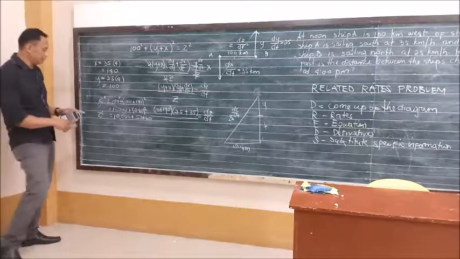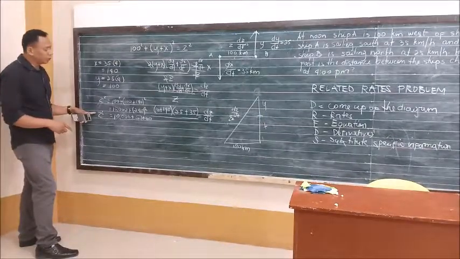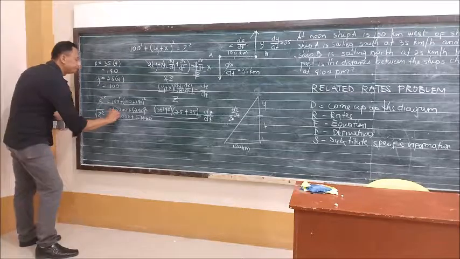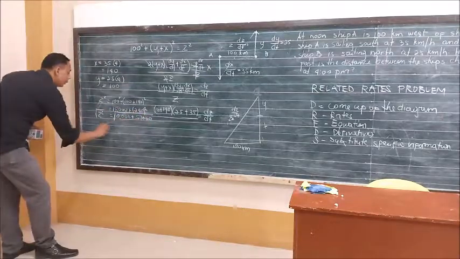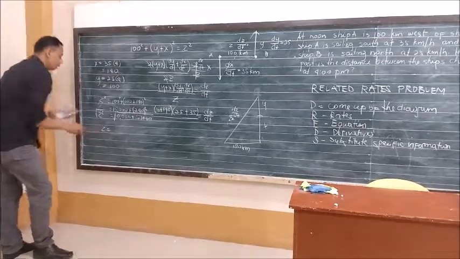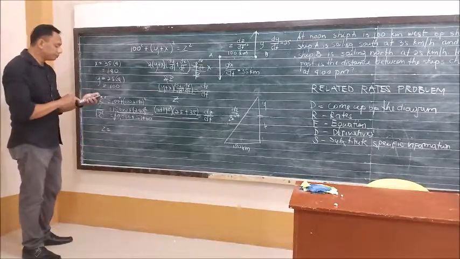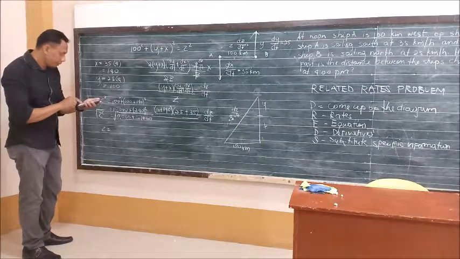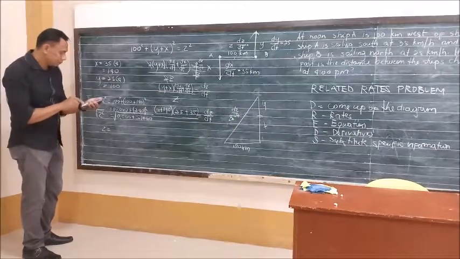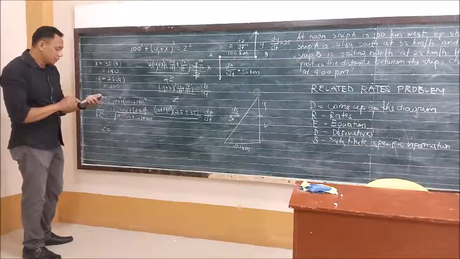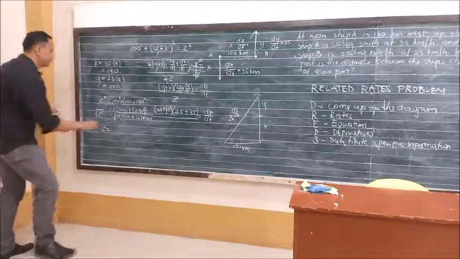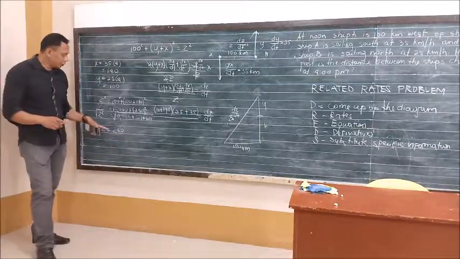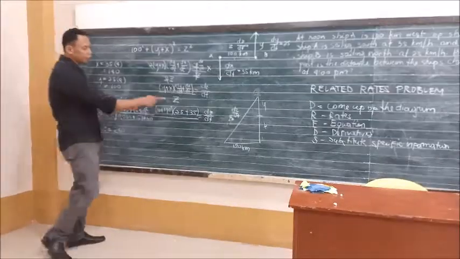Take the square root of both sides. So we have the value of z that is equal to 260. So we have now the value of z, 260, so we can substitute this one.